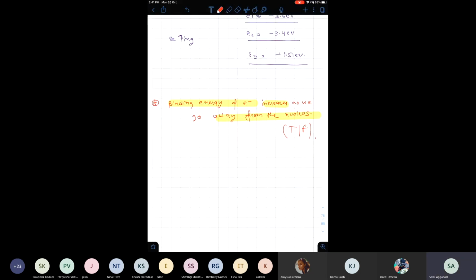Binding energy is 13.6 electron volt, 3.4 electron volt, 1.51 electron volt, 0.85 electron volt. It is decreasing, so it is false.